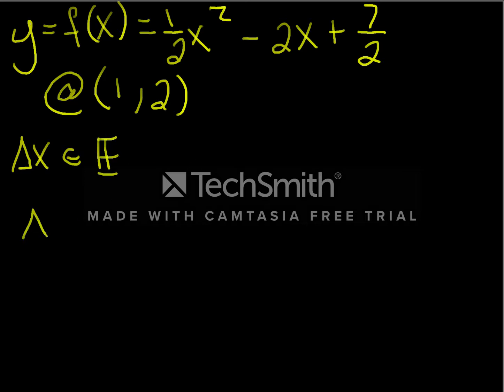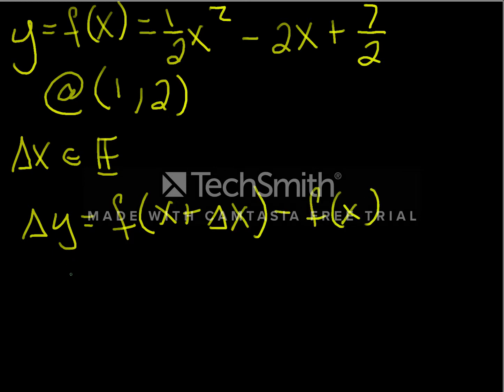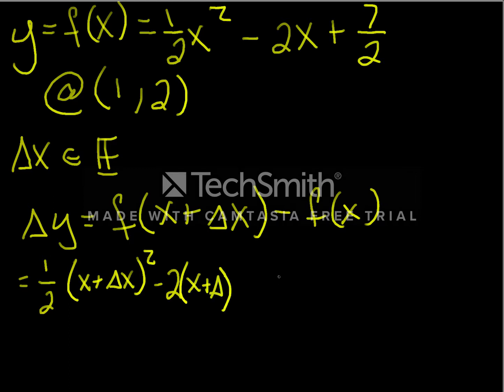Then the change in y is f of x plus delta x minus f of x, which is 1/2 times x plus delta x, quantity squared, minus 2 times x plus delta x, plus 7/2.